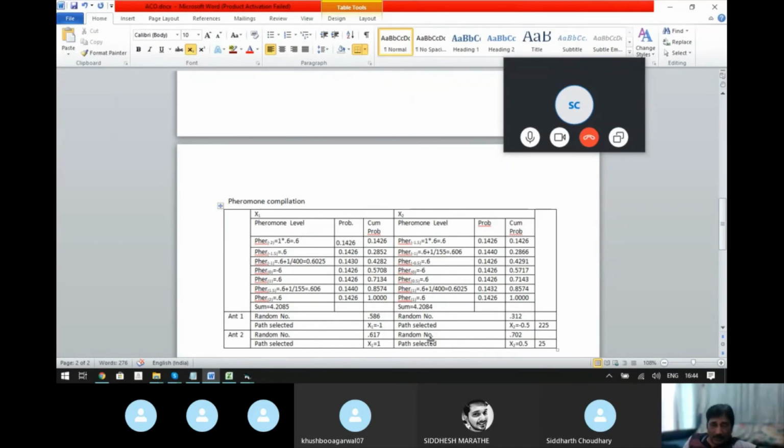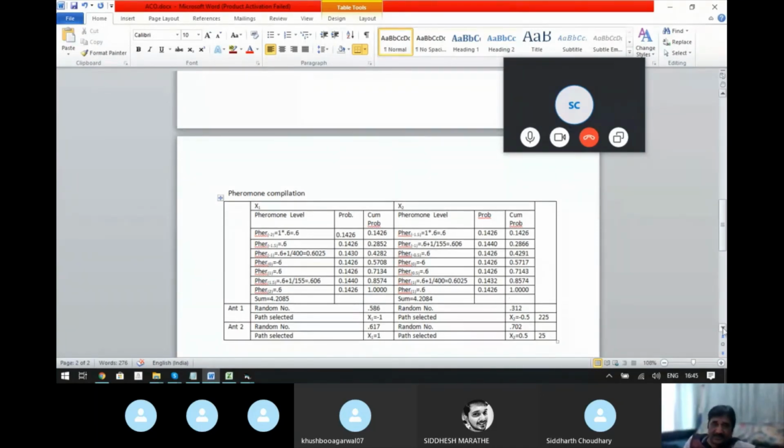Now for the x2 side, the random number comes out to 0.702, which falls between these two, and the value is 0.5, and for these values the objective function comes to 25.